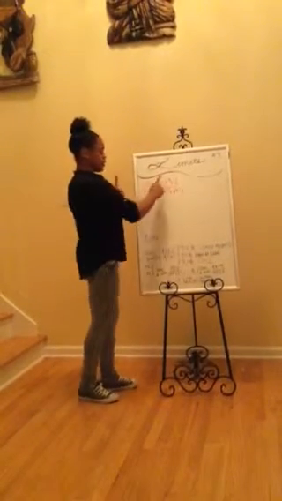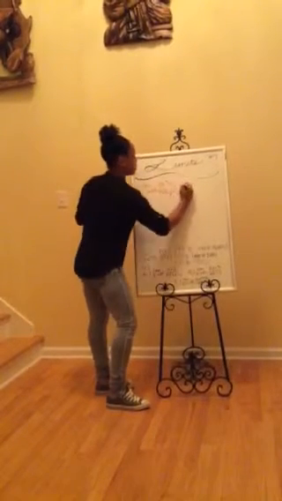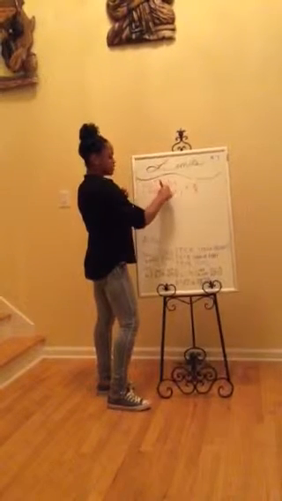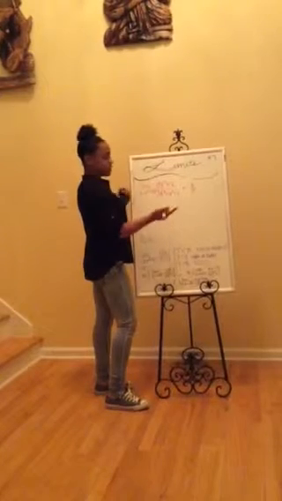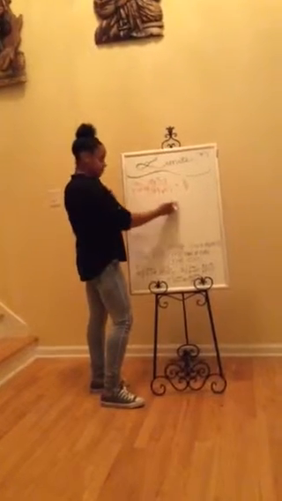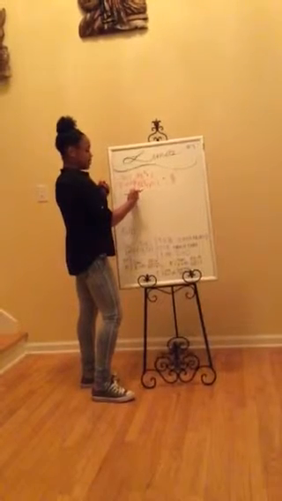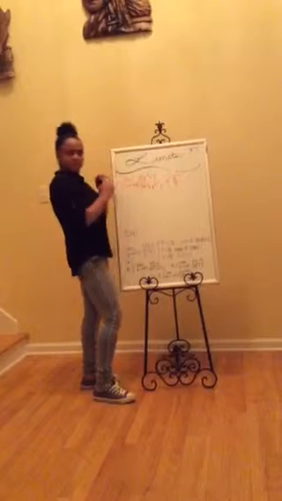The ratio is 2 over 5 because we have 2x cubed and 5x cubed. So our answer as x approaches infinity is 2 over 5. That's not too bad.